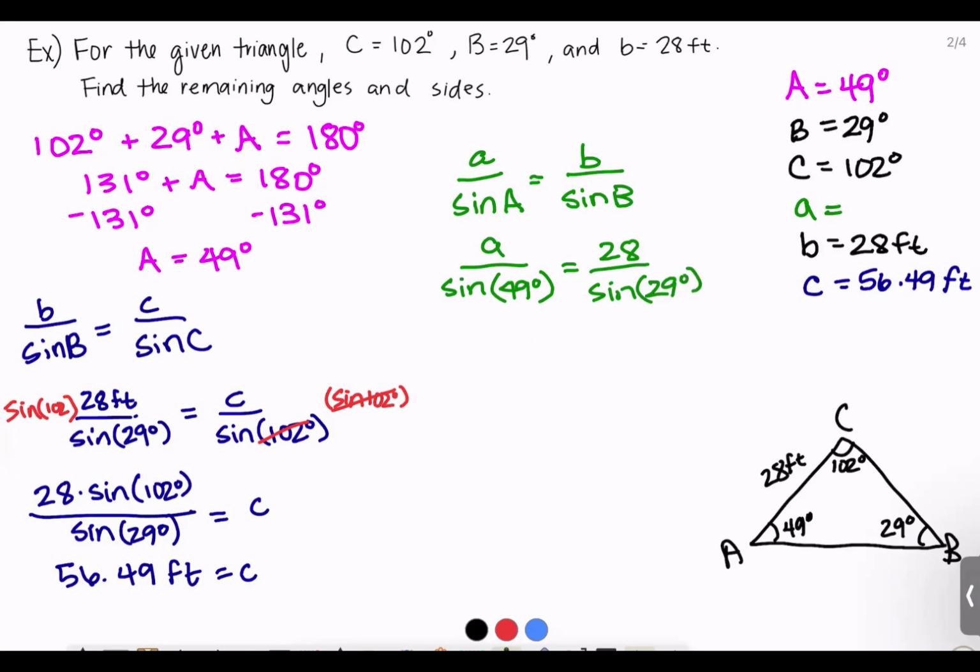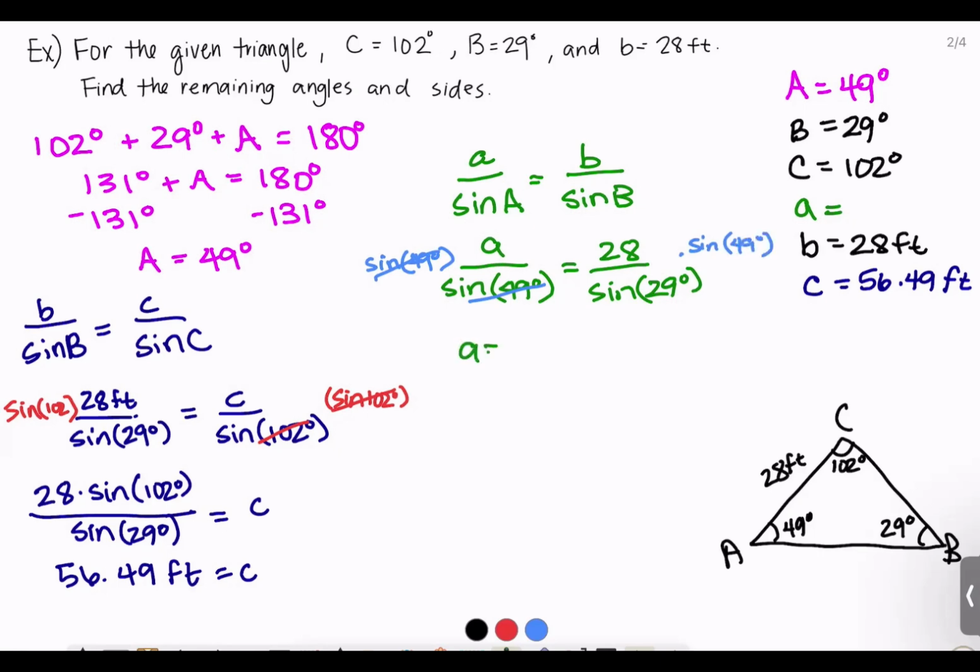All right, so now we're solving this equation for A, which is going to require us to multiply both sides by sine of 49 degrees. So multiplying by sine of 49 degrees over here, those will cancel. And then I have to do the same thing on the other side.